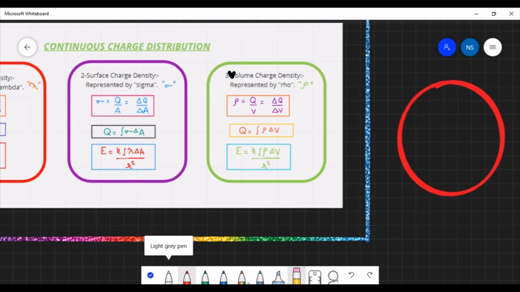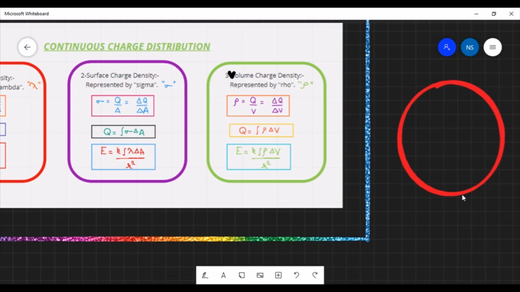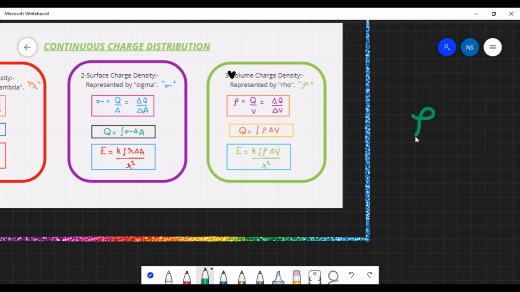This volume charge density is represented by the Greek letter rho. So it is rho, and again it is charge divided by volume, so we can put volume over here, and everything else is the same.